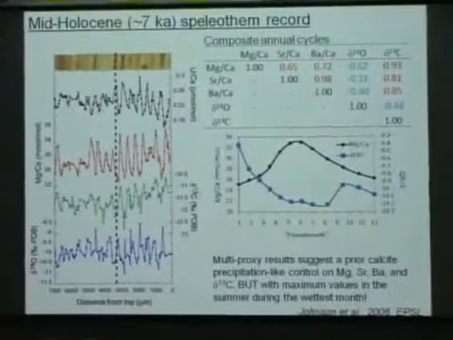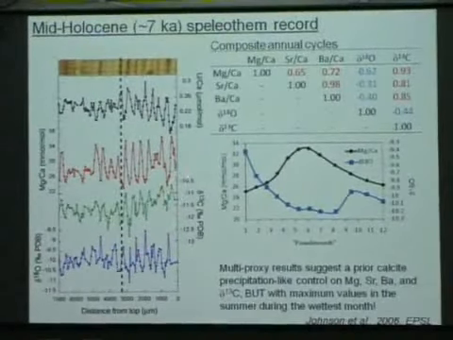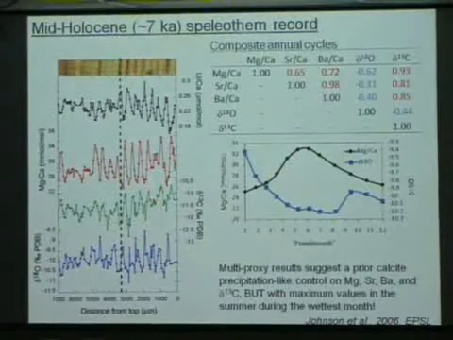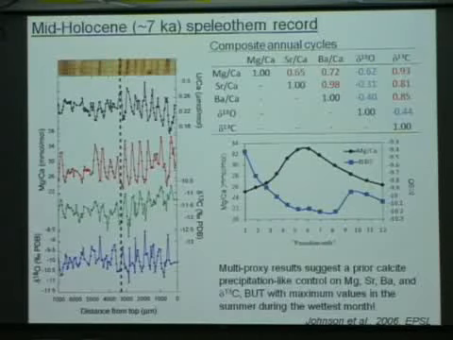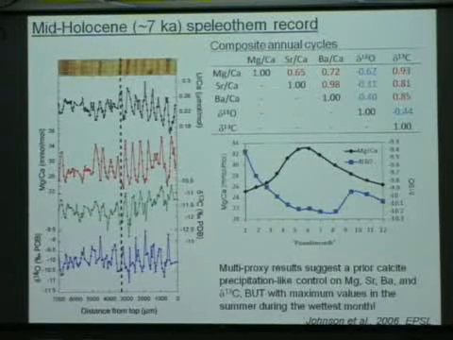And so this is that data I showed you earlier. What we did was stack a number of these cycles on top of one another to try and get at what an average cycle might be, and also to look at the relative timing more clearly between the different proxies. To do that, we calculated correlation coefficients of those composite cycles.